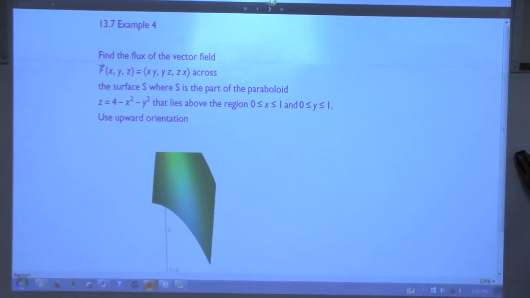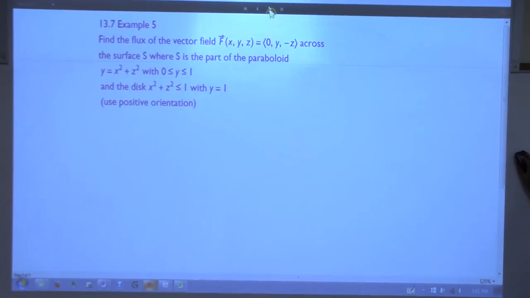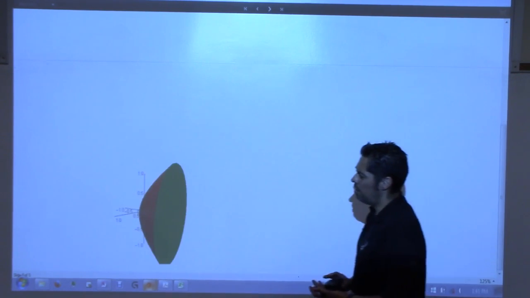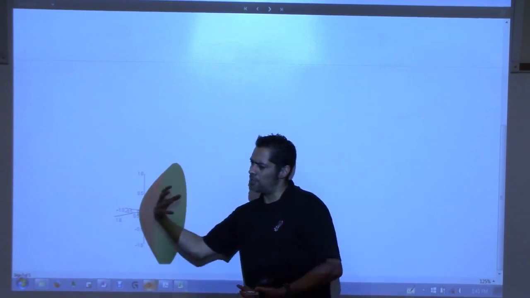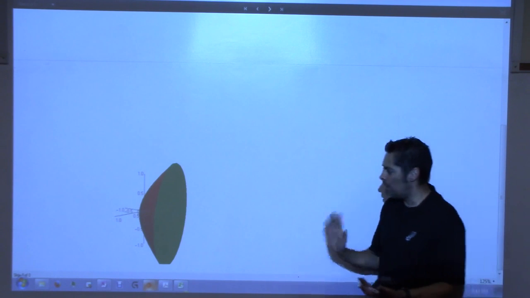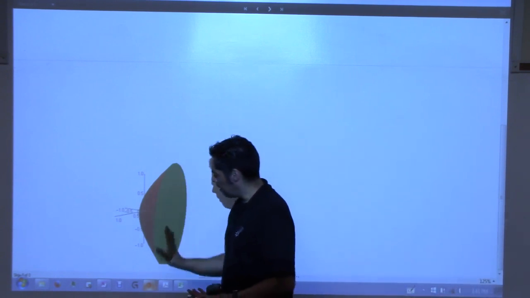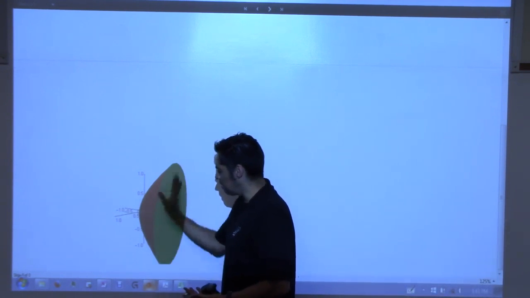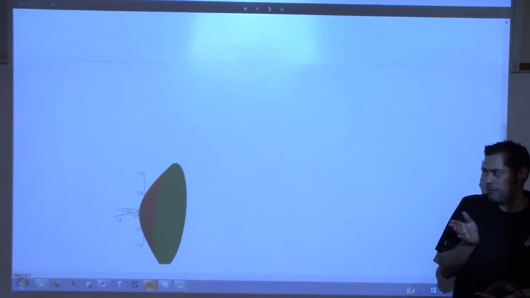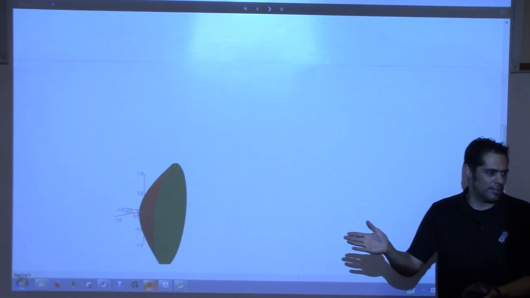Then on the next example, which is what we did just now, we did a combination of a shortcut, using the fact that a paraboloid sideways could be looked at as a function of 2 variables, and then the very important fact that when you have a plane, a flat surface like this, the normal is always the same, so you can take an even shorter shortcut to the answer.